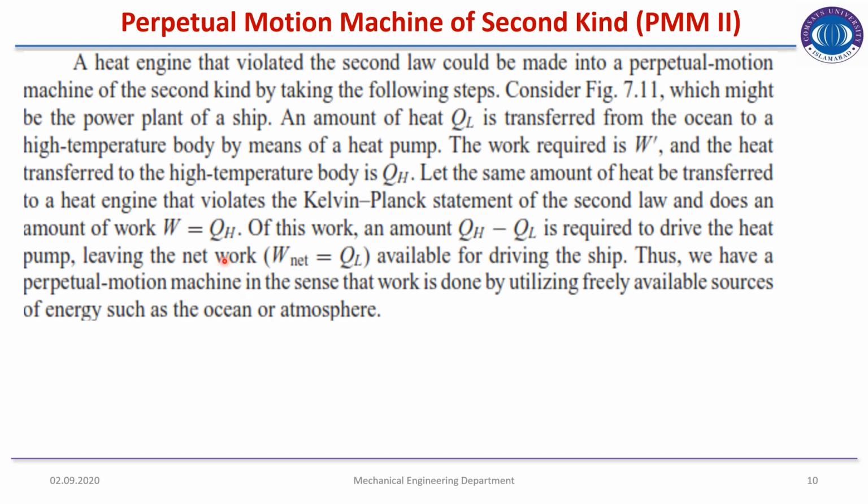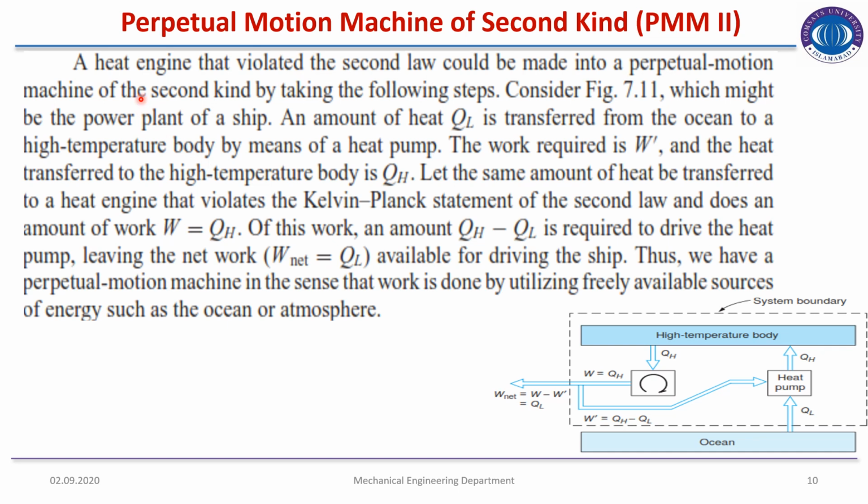So here is a paragraph from a book. If you are asked to make a perpetual motion machine of second kind, how will you make it? A heat engine that violates the second law could be made into a perpetual motion machine of second kind by taking the following step.